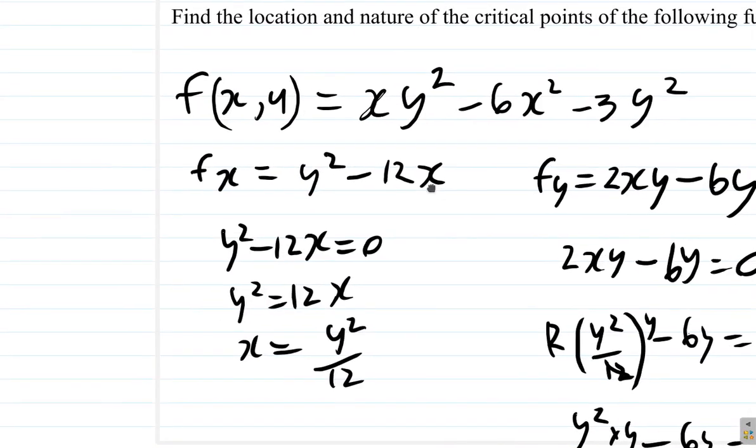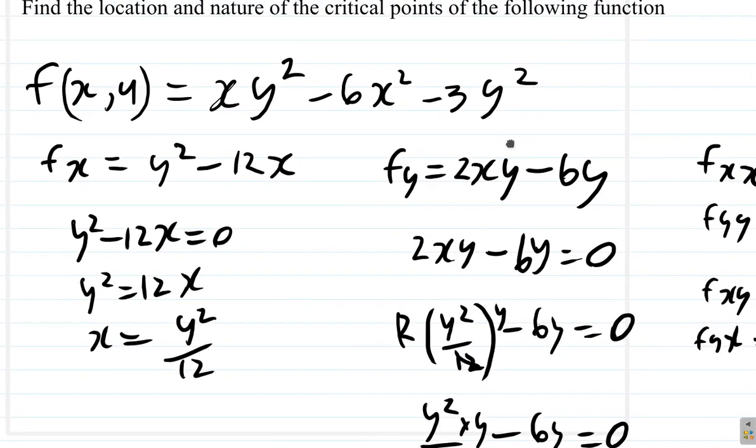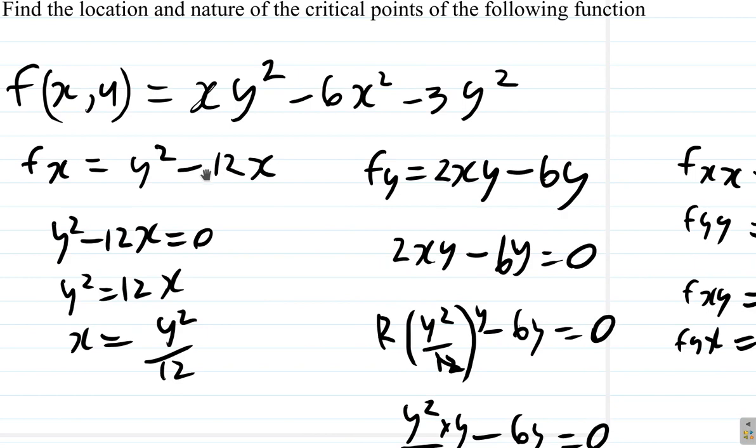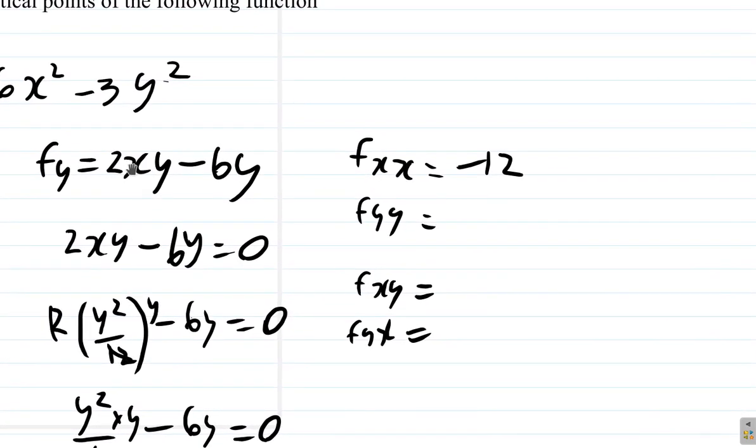So fxx. Fx is y squared minus 12x. So we're going to differentiate y squared minus 12x. What we would get is negative 12. What about fyy? Fy was 2xy minus 6y.